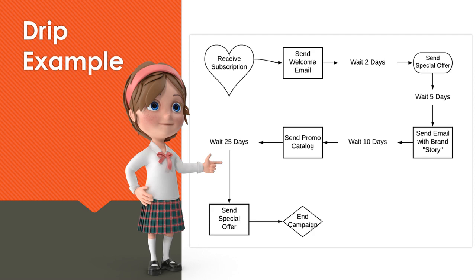So this is an example of basic drip campaign logic. Okay, we do have some people doing drip campaigns. Good. So you receive an email subscription, and then you send a series of emails, each one of them spaced out with a timer. The benefit of this is that you can pre-plan your email communications to subscribers, and then you can have the confidence that every subscriber gets an instant welcome and that they'll continue to be communicated with for several days or weeks or even months without you having to remember to do anything.